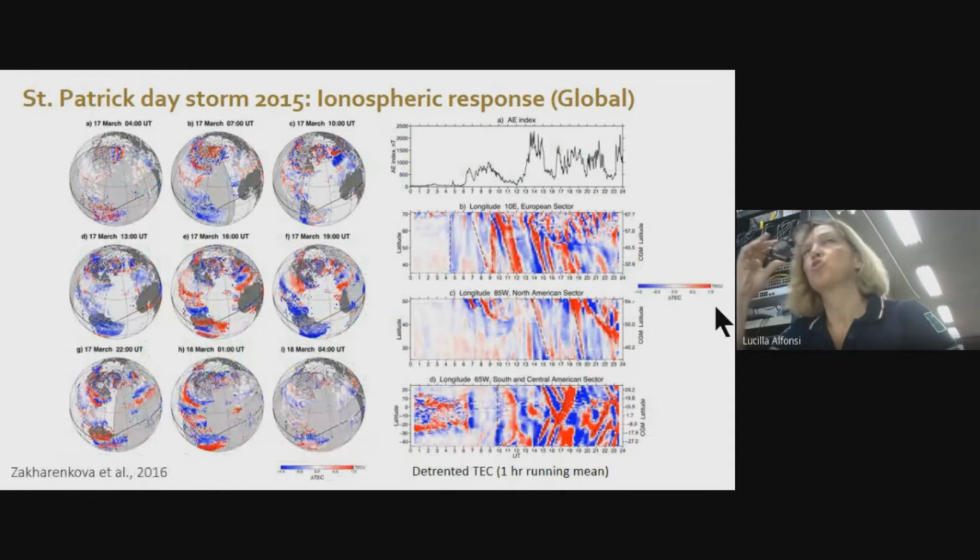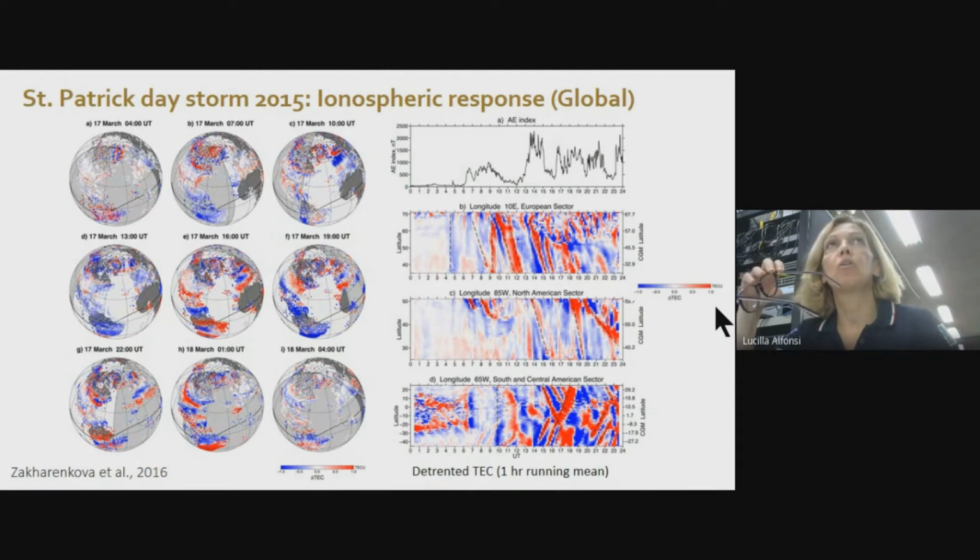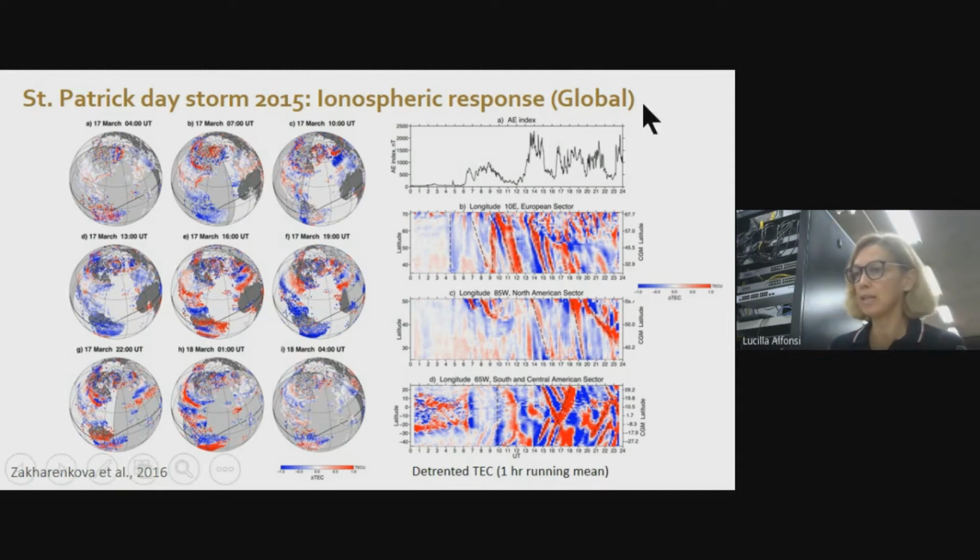Again, to see the evolution of the total electron content during the storm, this is another study by Zakharenkova and colleagues that shows a global description of the electron density, the variation of the total electron content as blue and red colors, because these identify negative or positive deviation from the reference TEC.